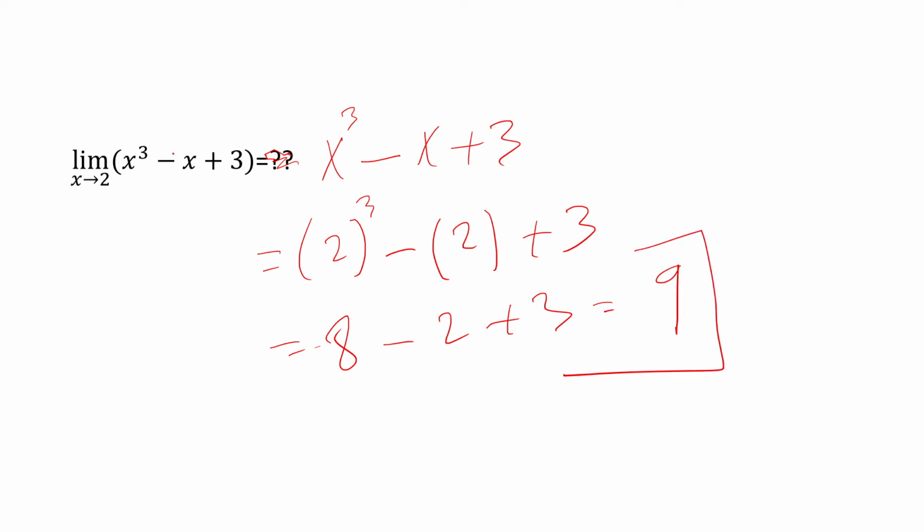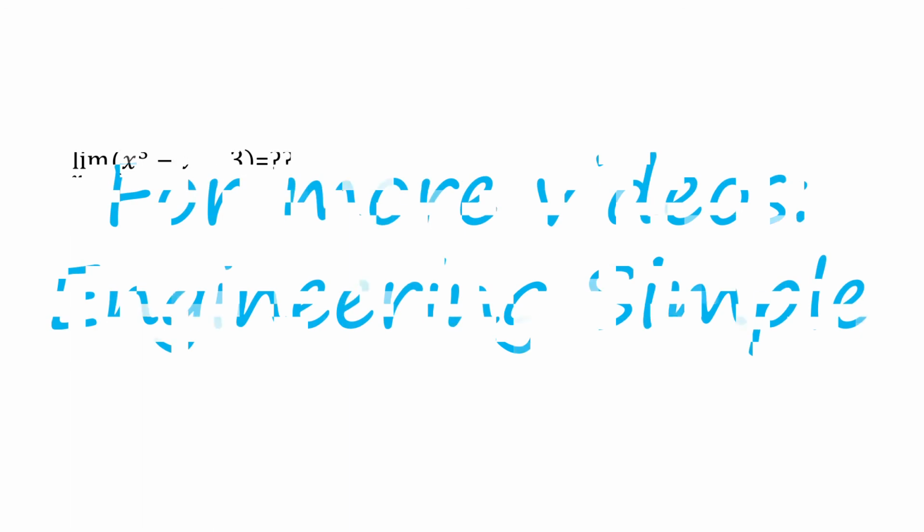So again, these are nice. You just plug in the numbers and solve, or simplify using basic algebra. But in other cases, the limits will not evaluate to a nice number. Then you have to do more work, and that will be in the other videos.